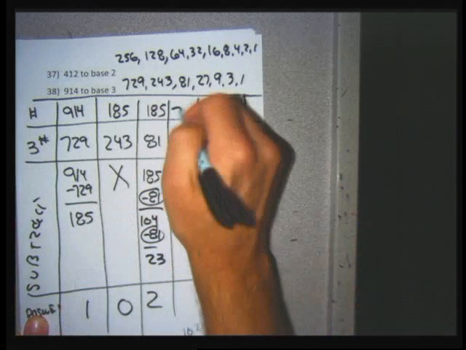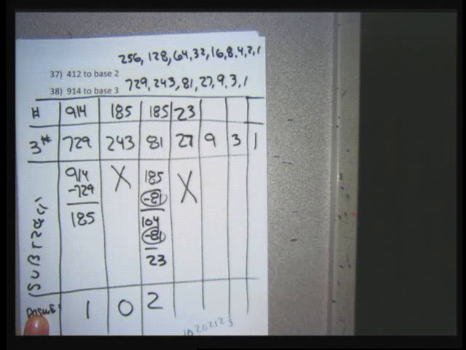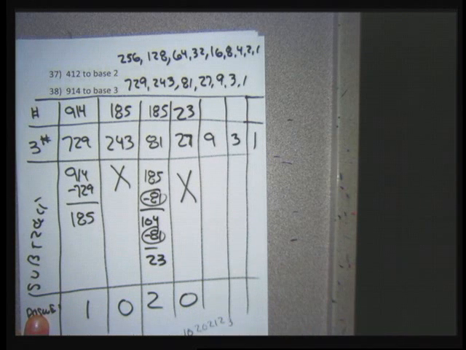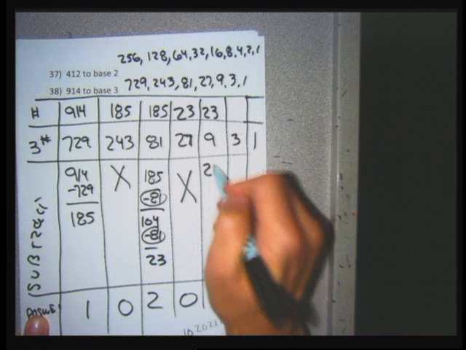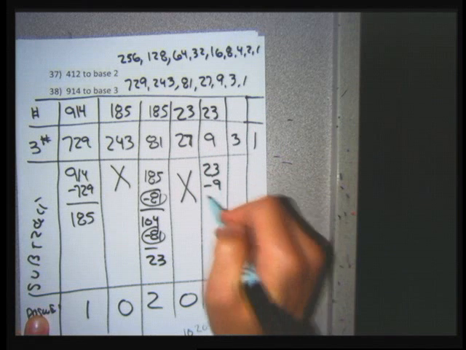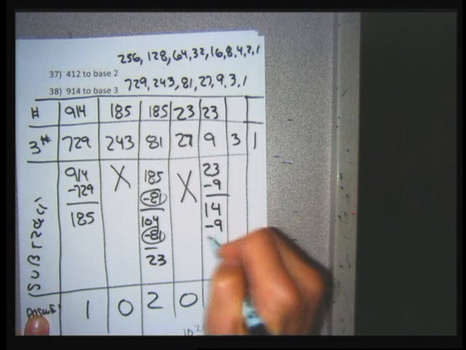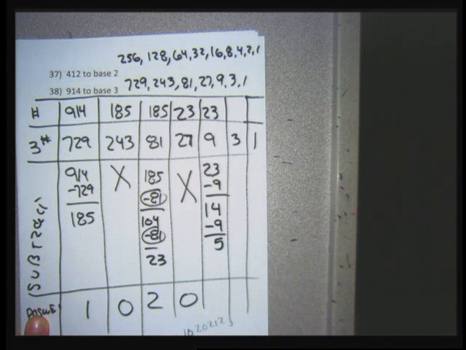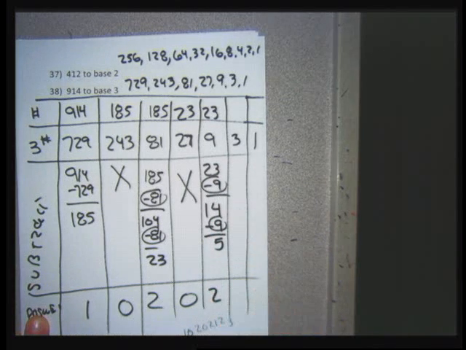Bring my 23 over. 23 minus 27 would be a negative. Can't do that, so put an X there. Get a 0. Bring my remainder of 23 over. 23 minus 9 is 14. 14 minus 9 is 5. Was able to subtract 2 times, so I get a 2 here.